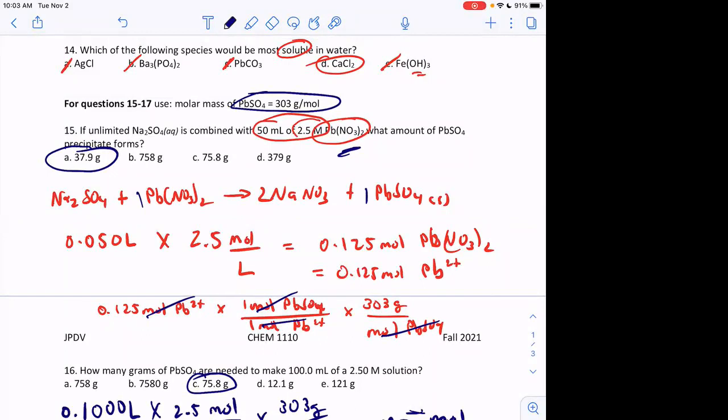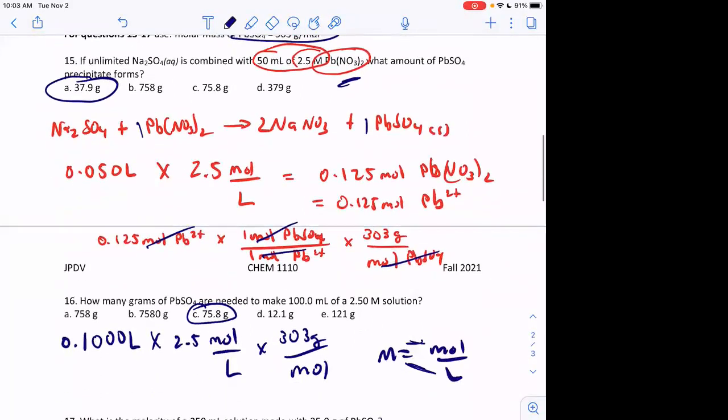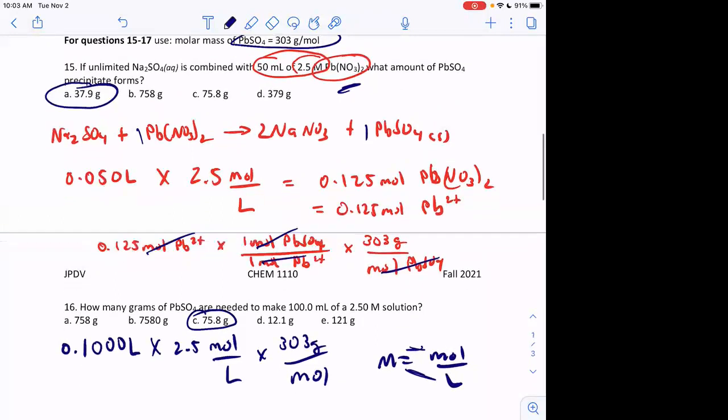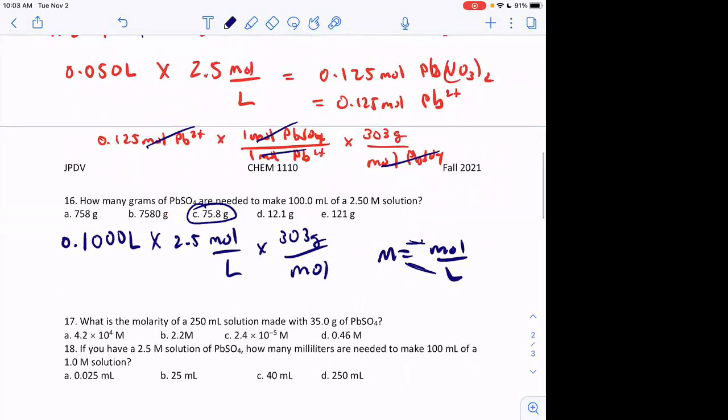Sometimes I do that intentionally, sometimes I just do it accidentally. However you solve it, good. If you saw that, that's good. It's a 2.5 molar lead nitrate solution, and it's 50 mils, so that works too. So that gives us C, 75.8.